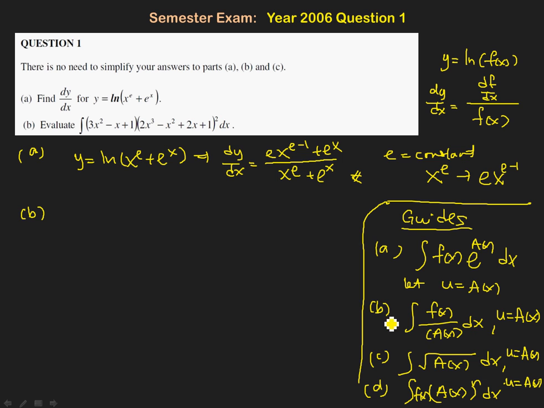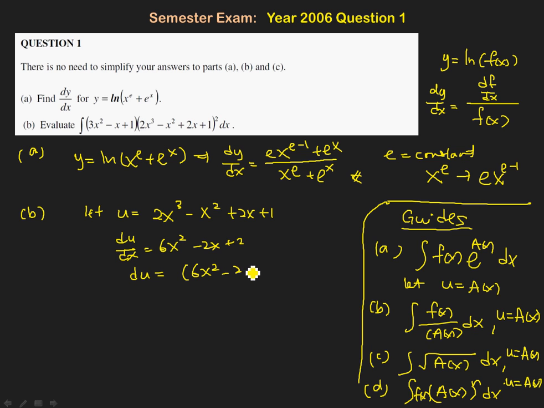Looking at B, we find that this is something in between the situation in D. Immediately we think that if we let u be this expression, so a(x) for us is this expression, then du/dx is this one, and so du is equivalent to (6x^2 - 2x + 2) dx.